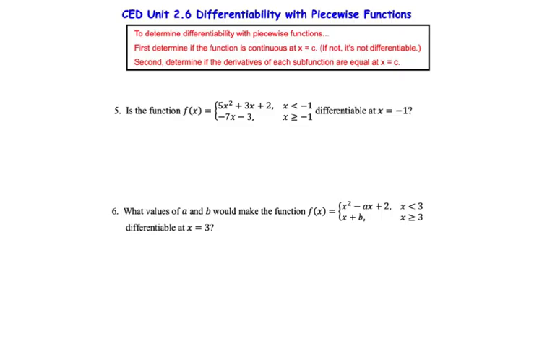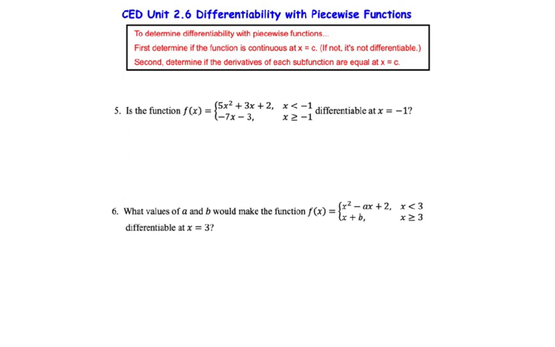Now we're going to work to find if piecewise functions are differentiable at some given value of x. And you recall from our last unit, 2.5 I think, we were using the alternate formula with limits, f of x minus f of a, etc., and setting the right and left hand limits equal to each other.